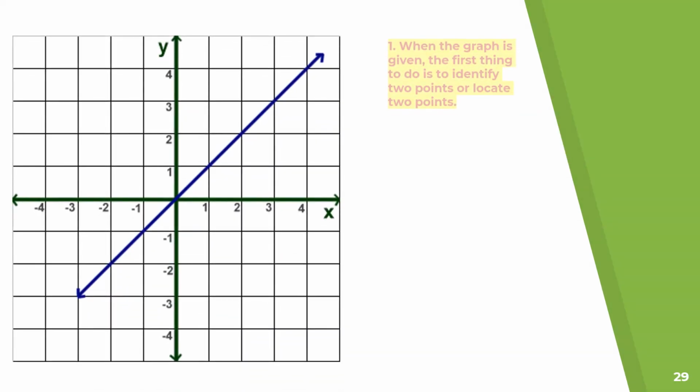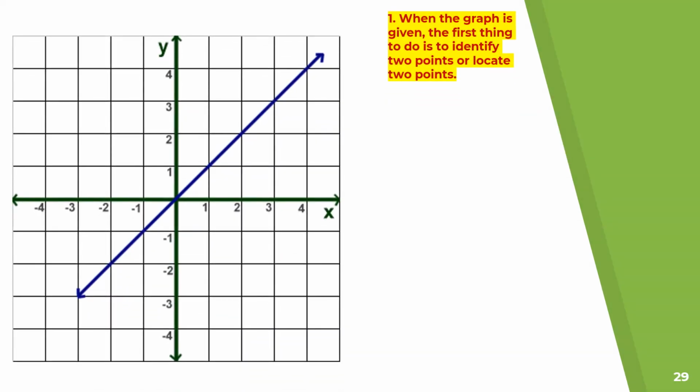The next example. First, locate or identify 2 points. Mag-identify ka, class, wag mong ilagay kahit saan lang ha. Doon ka talaga sa may sakto para madali mo masolve. So dito sa 0,0 at 2,2, pwede sa 1,1, sir, pwede rin kasi nasakto talaga siya. Meet talaga yung dalawang points. Pwede rin sa 3,3. So determine the difference.